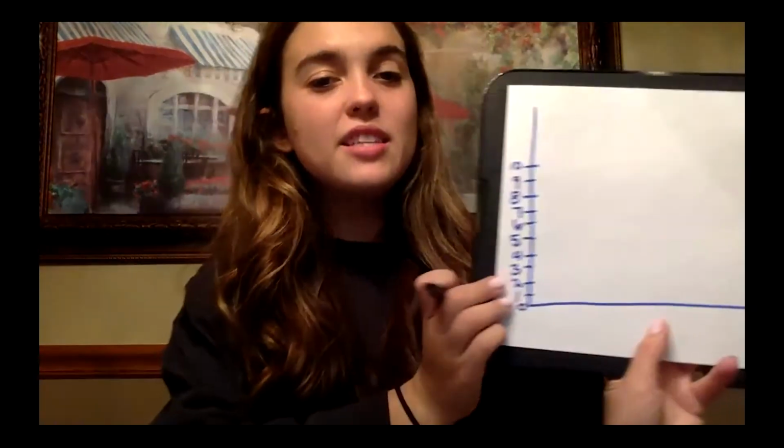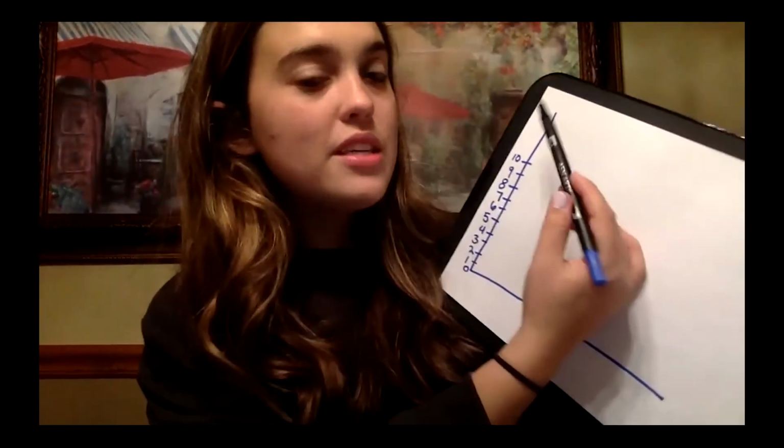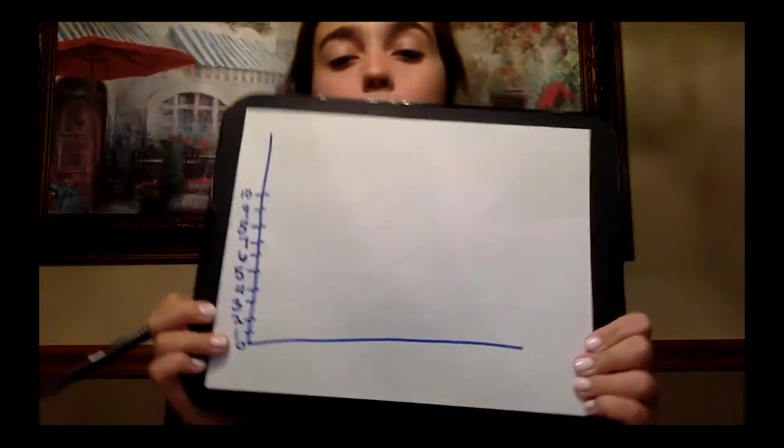I'm going to label this 1, 2, 3, 4, 5, 6, 7, 8, 9, 10. There we go. I left a little bit of extra space up at the top, but we have it labeled to 10. Next time I would definitely space them out a little bit more, but this is perfectly fine. Now, this is the y-axis where we put our numbers.